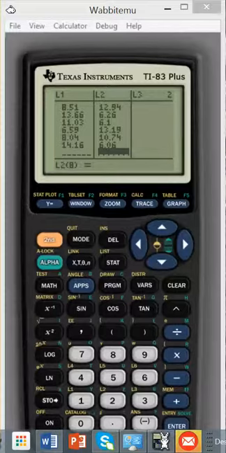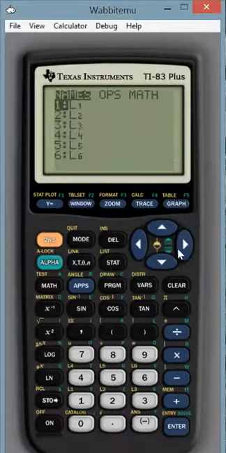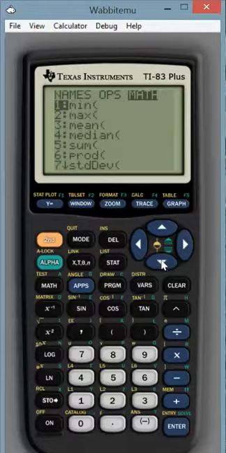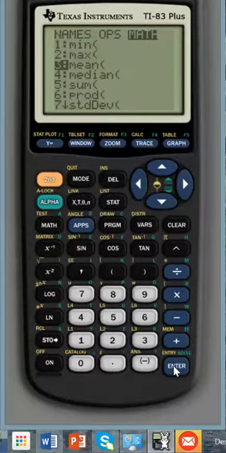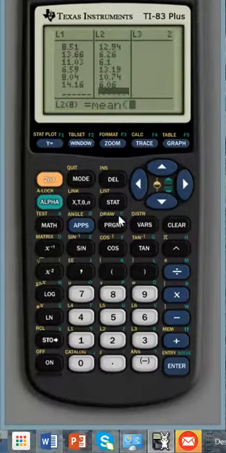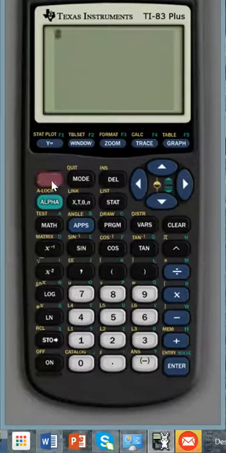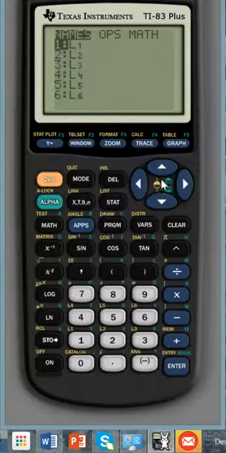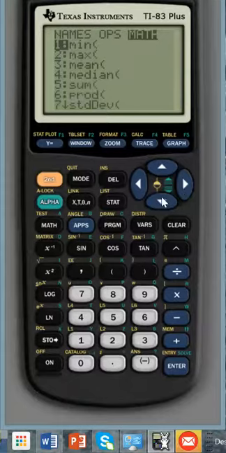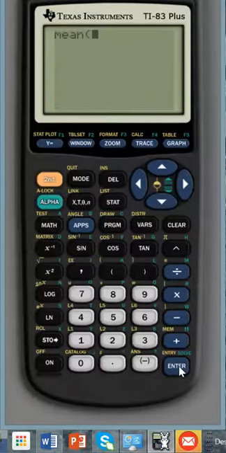Well, if you take a look at the mean, sorry about that. If you take a look at the mean of these two, and let's do L1, it's 9.977.